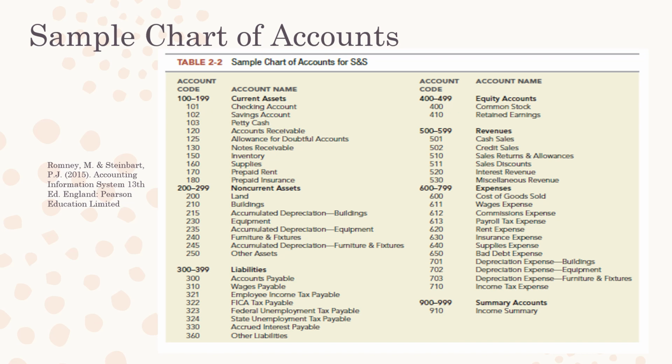So we have the current assets, the non-current assets, the liabilities, the equity accounts, the revenues, expenses, and the summary accounts. The good thing about the block coding system is we can identify the types of the account titles, and we are very sure that they are classified into their respective categories.